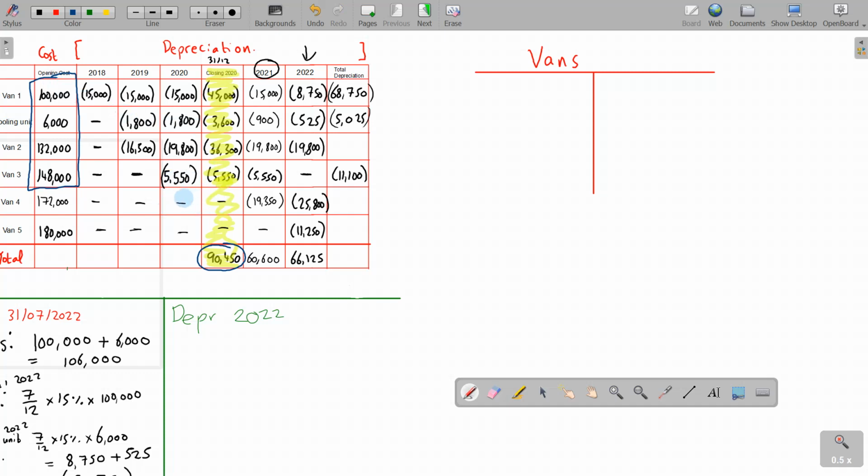So we had no depreciation, let's say, for van 4 or 5 in 2020. So then we obviously didn't buy the van in 2020.